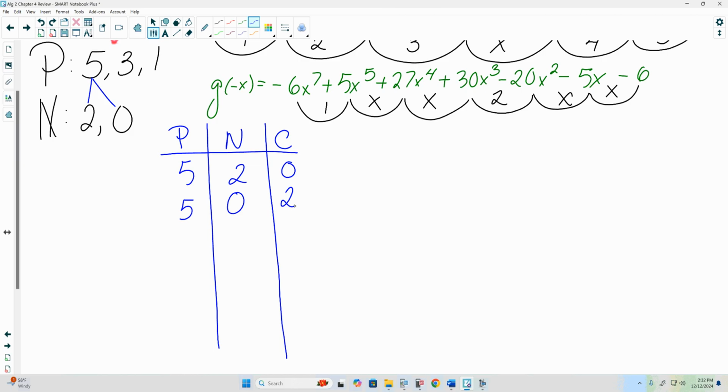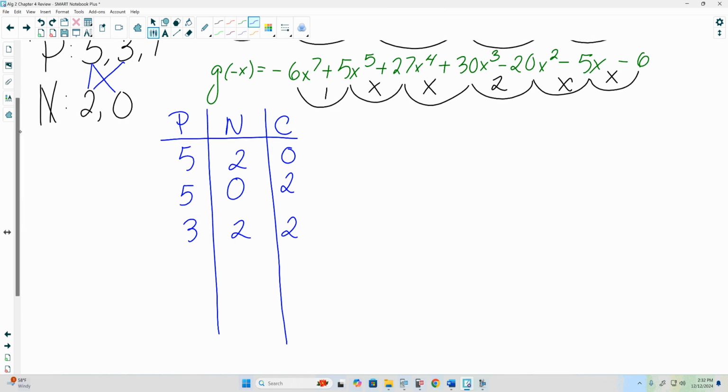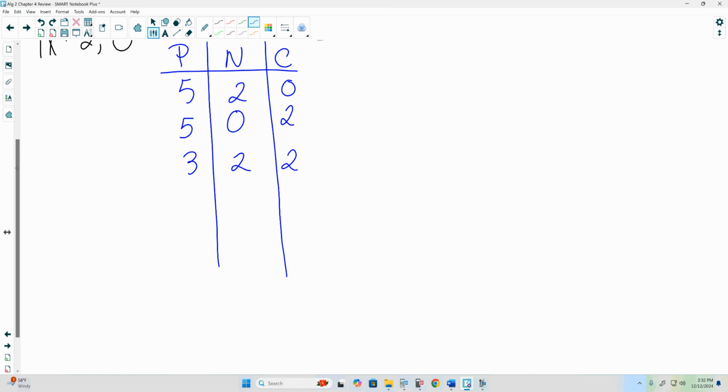Now we have every combination with 5 positives, so we can move on to 3 positives and 2 negatives. Well, 3 positives, 2 negatives give us a total of 5. Has to be 7, so we're missing 2. We can also have 3 positives and 0 negatives. Total of 3 solutions.